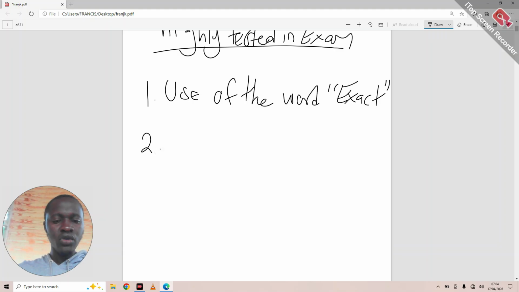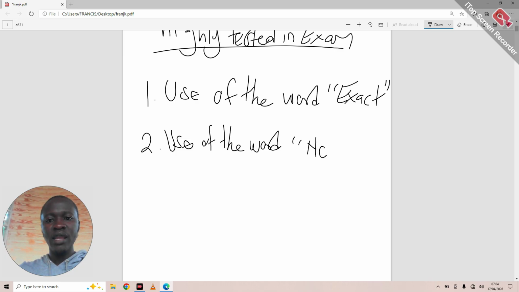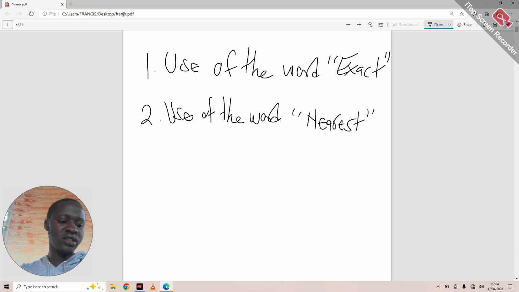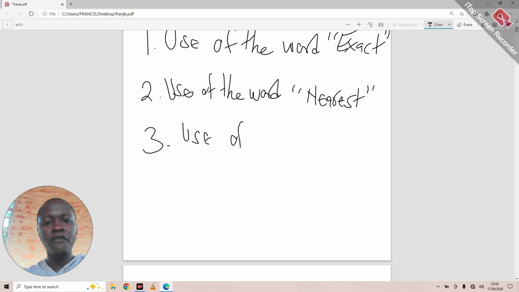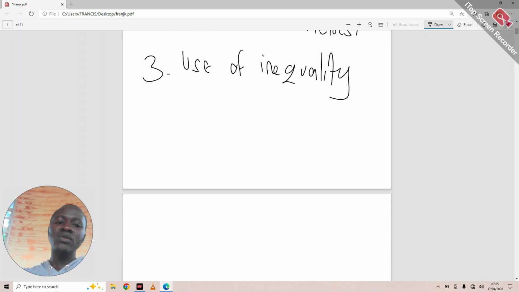Number two, use of the word nearest, or maybe to the nearest. It still refers to the same thing. Then the last is use of inequality sign. So let's start with number one.